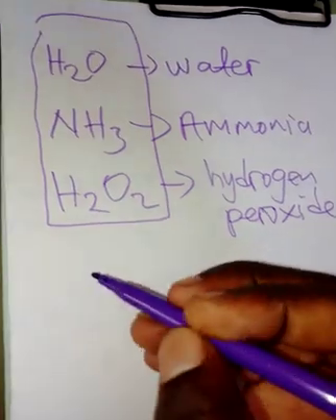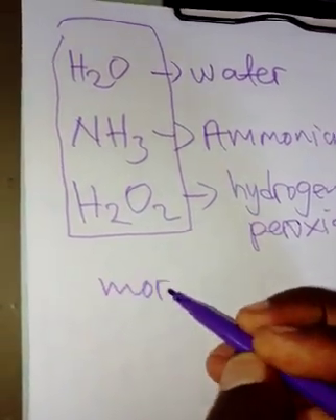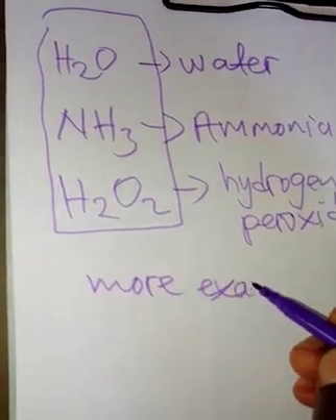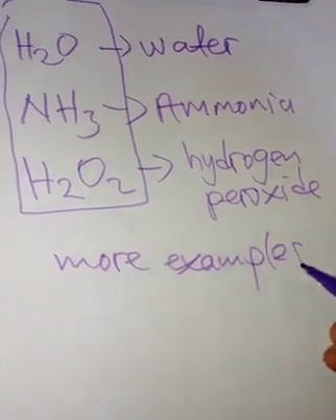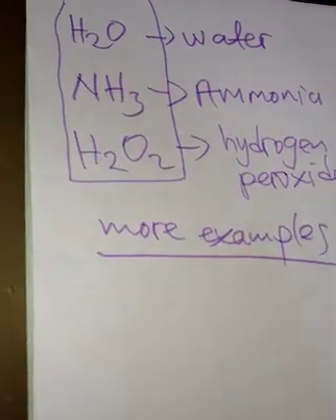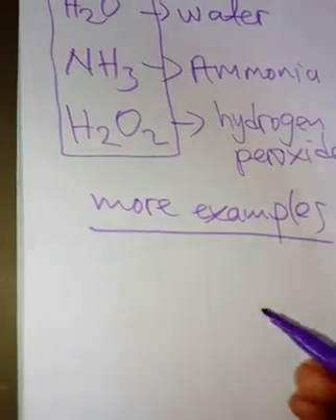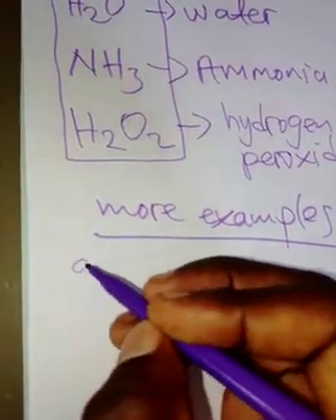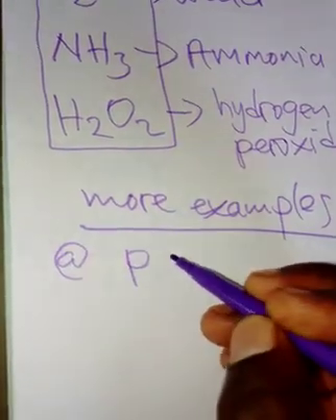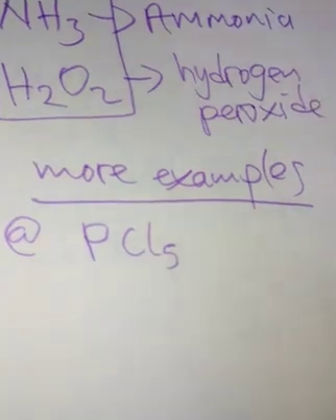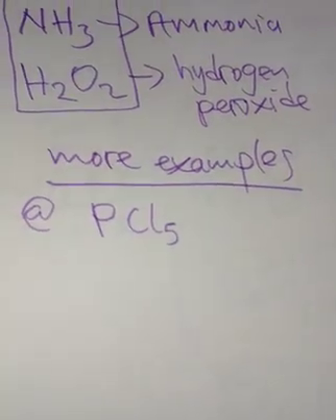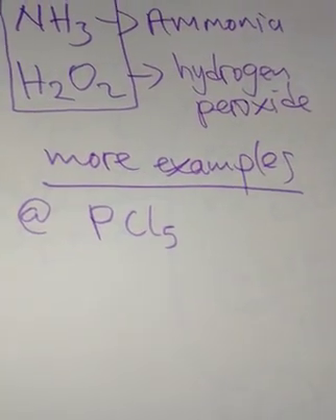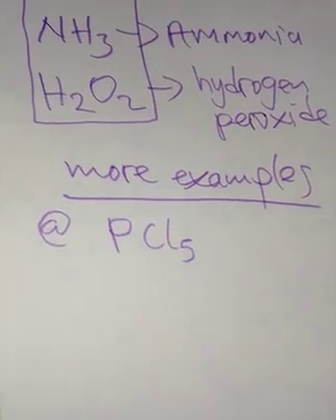Then let me give you just some more examples. Okay. Let's say name the following compounds. Give the systematic names to the following compounds: PCl5. So the first thing, identify the elements used. P, that's phosphorus. Cl, that's chlorine.